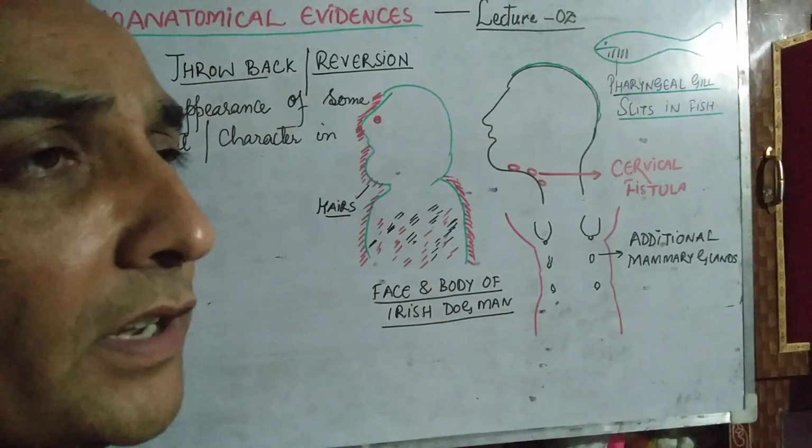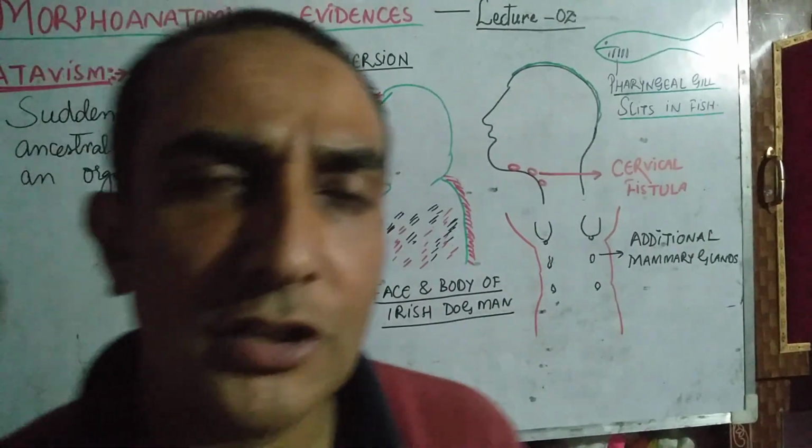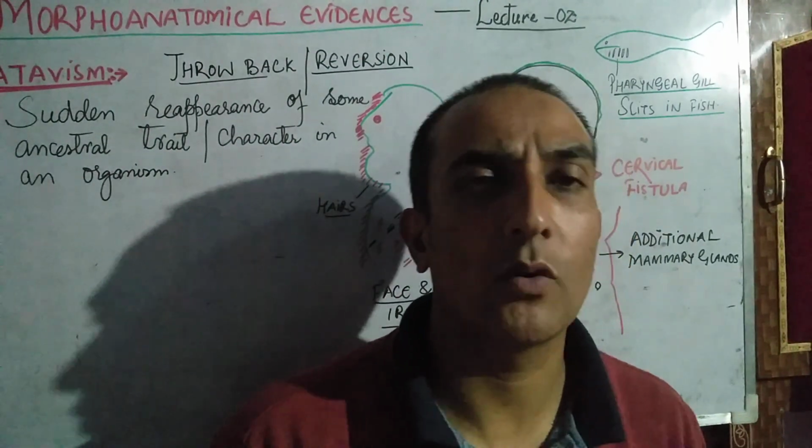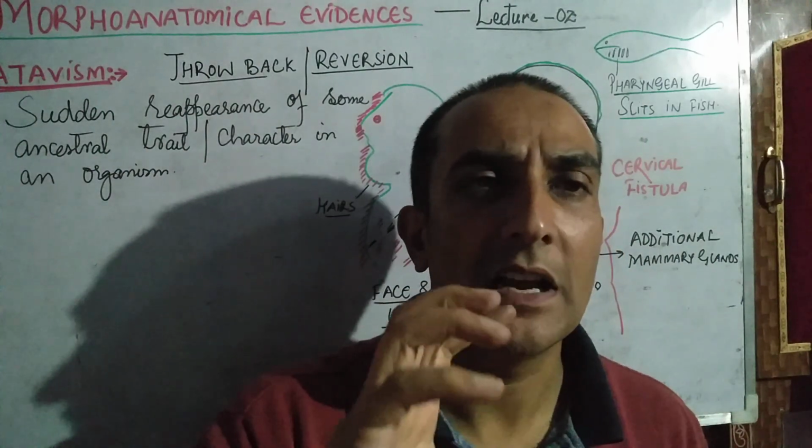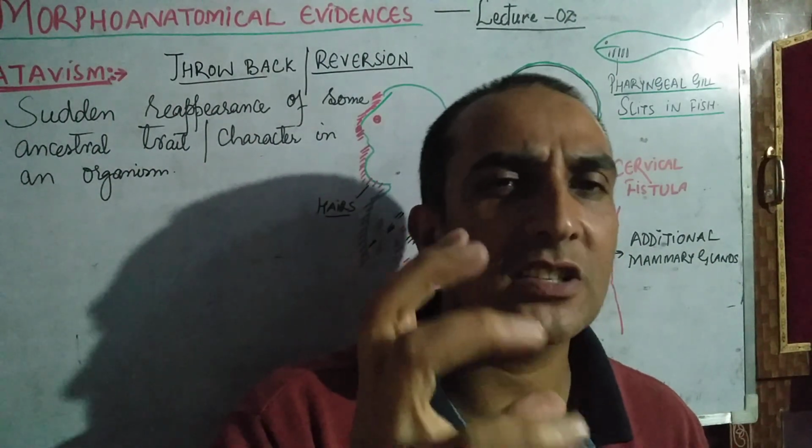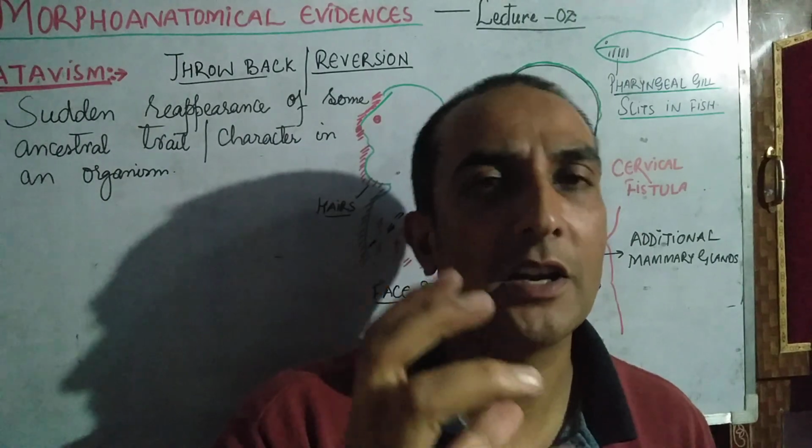So this is how we define the reversion, or the throwback, or what you call atavism. So atavism is the sudden reappearance of some ancestral characters in any organism.